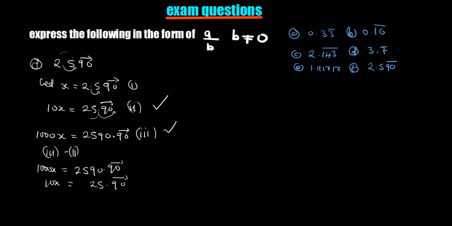Once you subtract, this will give you 1000 minus 10, that will give you 990x. Okay, am I doing the right thing? Hi guys, am I doing the right thing? It's 990 like that.